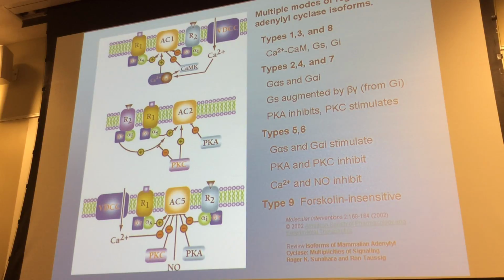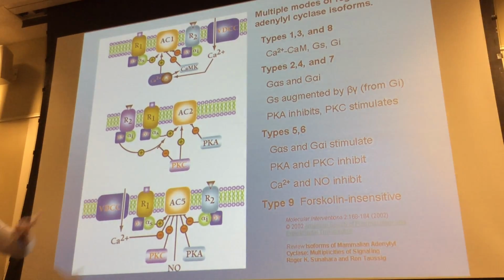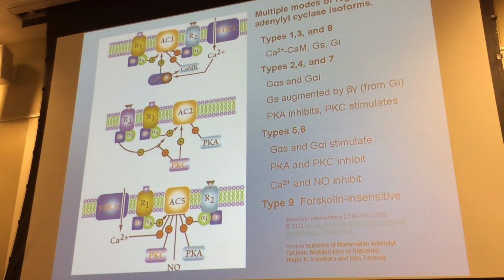Well, what synergism was it? What is being synergized? Beta gamma has an opposite effect of alpha. But we already said that we were seeing inhibition by this Gi. So that doesn't sound like a synergistic increase, does it? So I think we could eliminate this group here, because we saw an inhibition, we didn't see a stimulation.